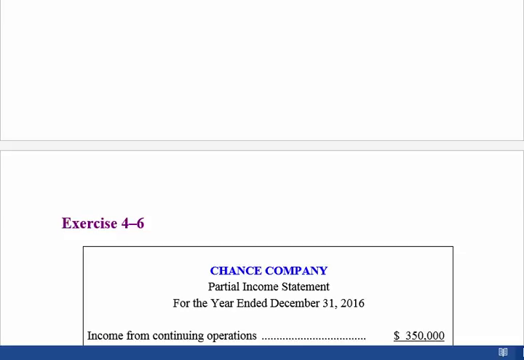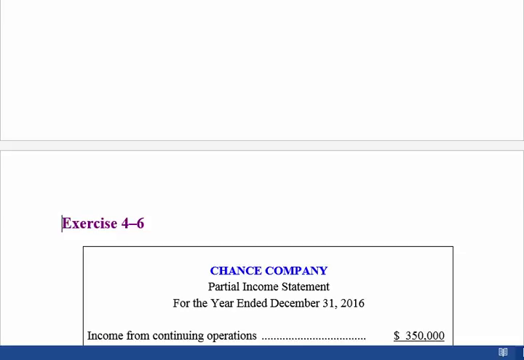Chance Company has two operating divisions, one manufacturing farm equipment and the other office supplies. Both divisions are considered separate components as defined by generally accepted accounting principles. The farm equipment component had been unprofitable, and on September 1st, 2016, the company adopted a plan to sell the assets of the division.